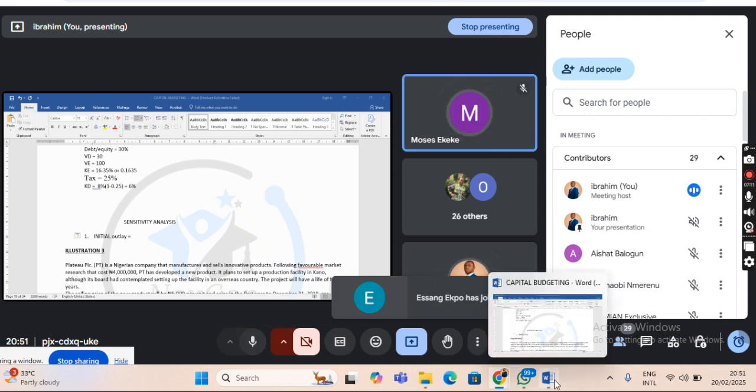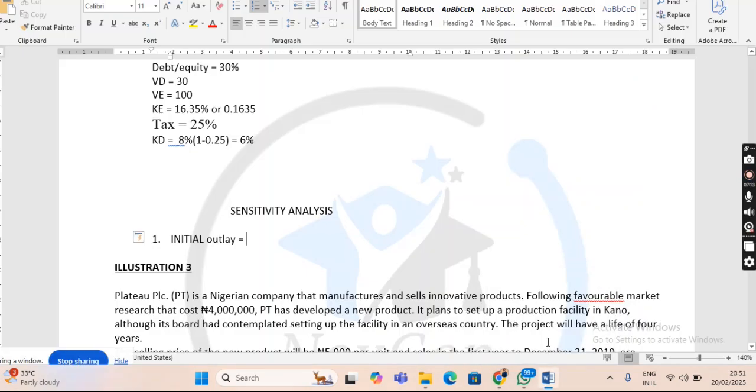So you want to perform a sensitivity analysis on initial outlay, right? Now, what is the formula? It is your NPV divided by the present value of initial outlay.